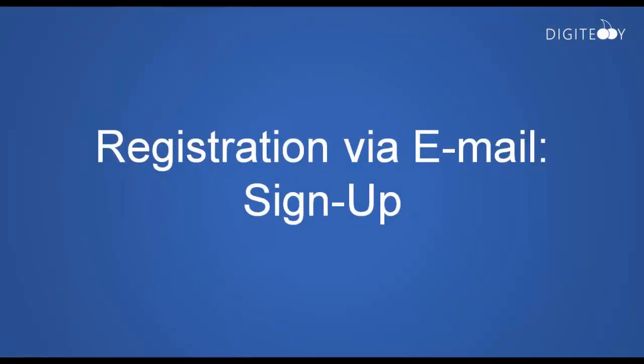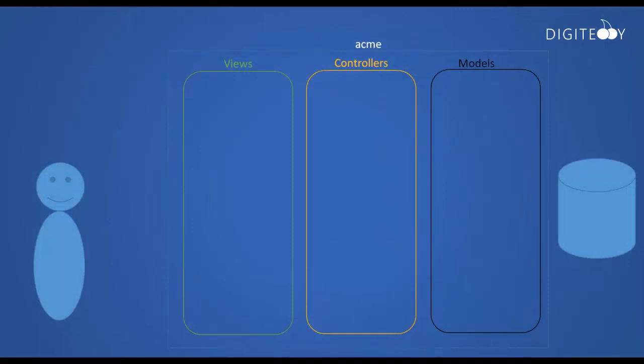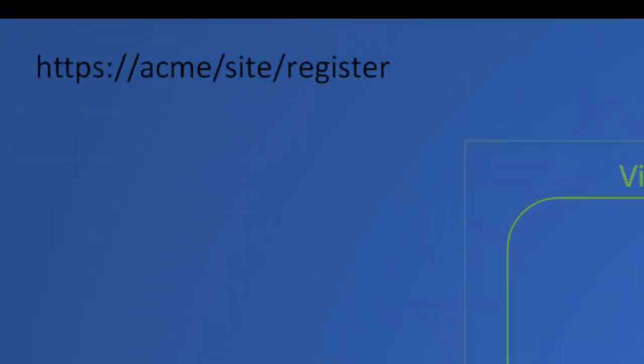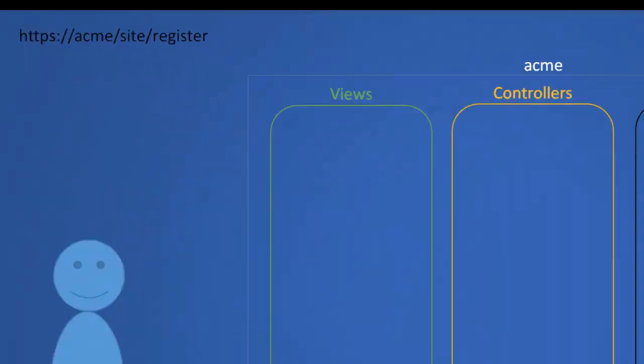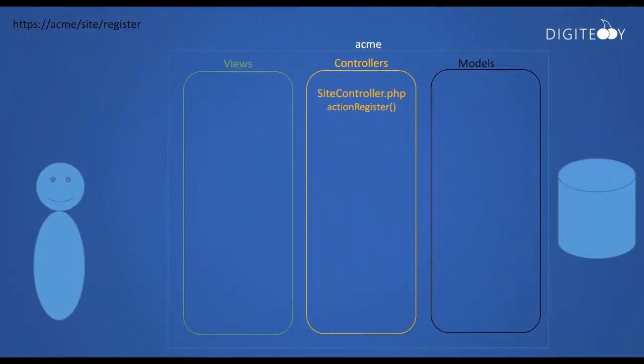Now we can make an overview of what we have done in this video. So we have controllers, models and views. When the user types our website URL and then site and register, he directly lands in our site controller in action register.